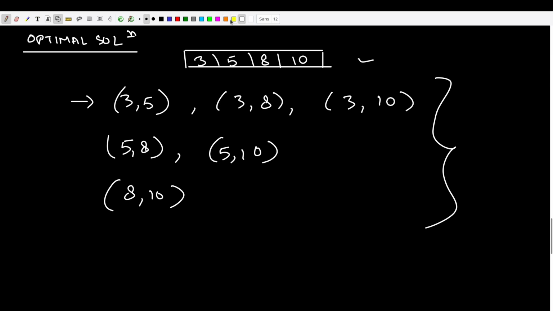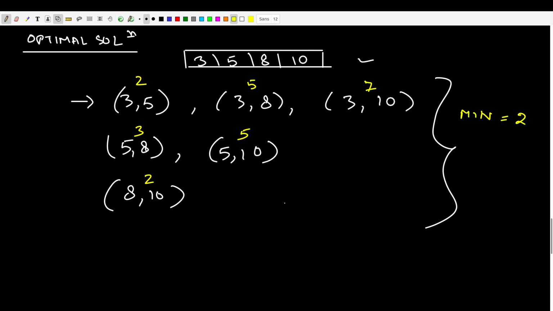So for instance, in this particular case, the difference will be 2 here, 5 here, 7 here, 5 here, 3 here, and 2 again here, right? So the minimum value will be 2 here.